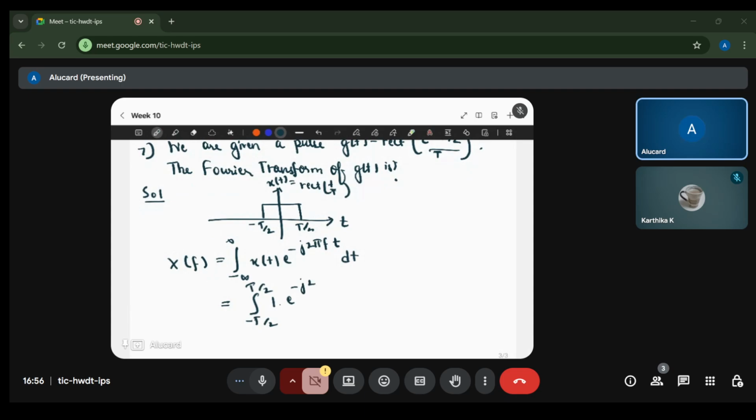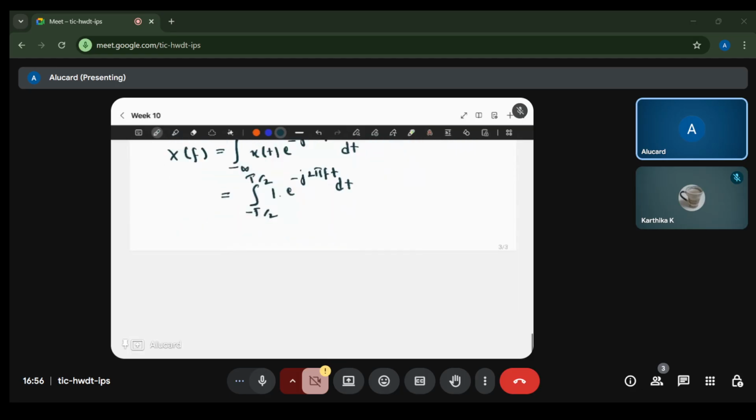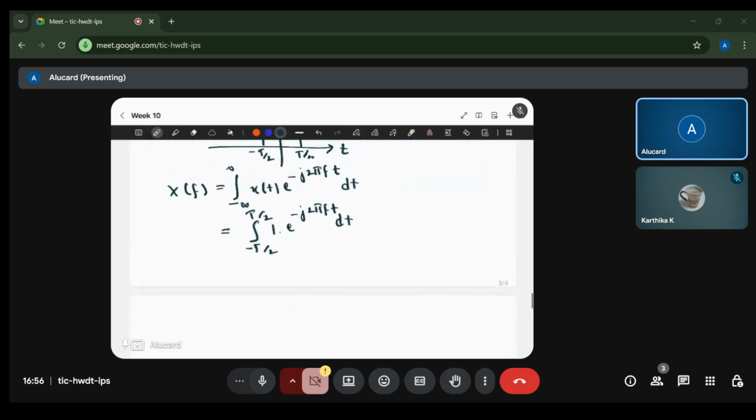The integral of e power omega t dt is simply e power omega t by omega.